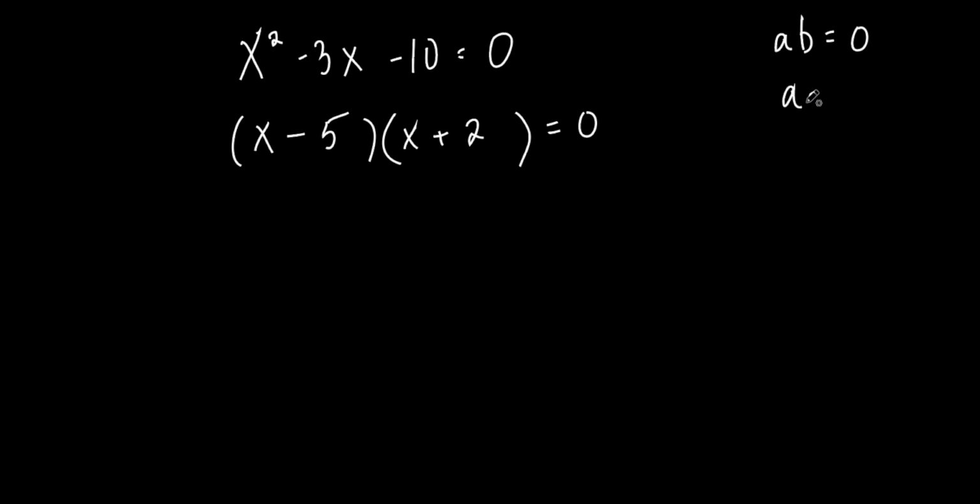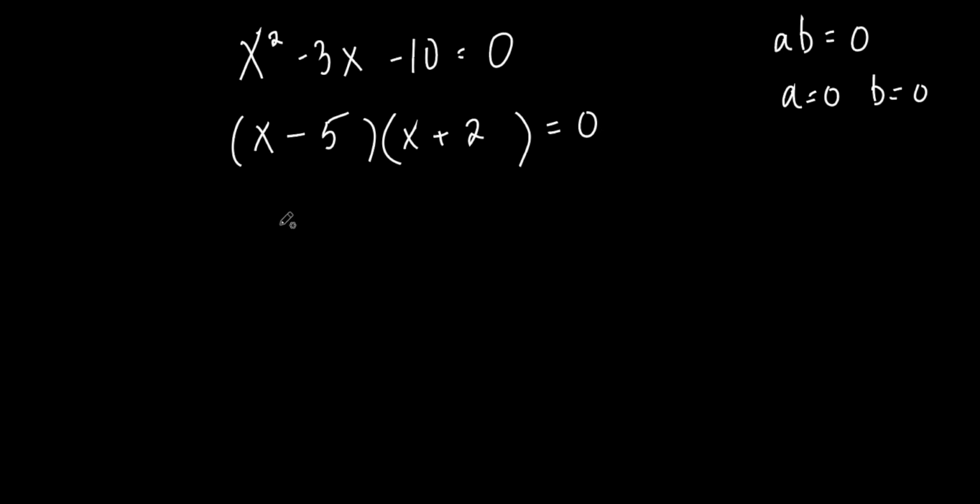So I could say what? A could be 0 or what? Or B could be 0. Or both of them could be 0. Does that fit right here? Look what I got. I got two things that are being multiplied together. Everybody watching? Okay. So I got two things that are being multiplied together and my answer is 0.